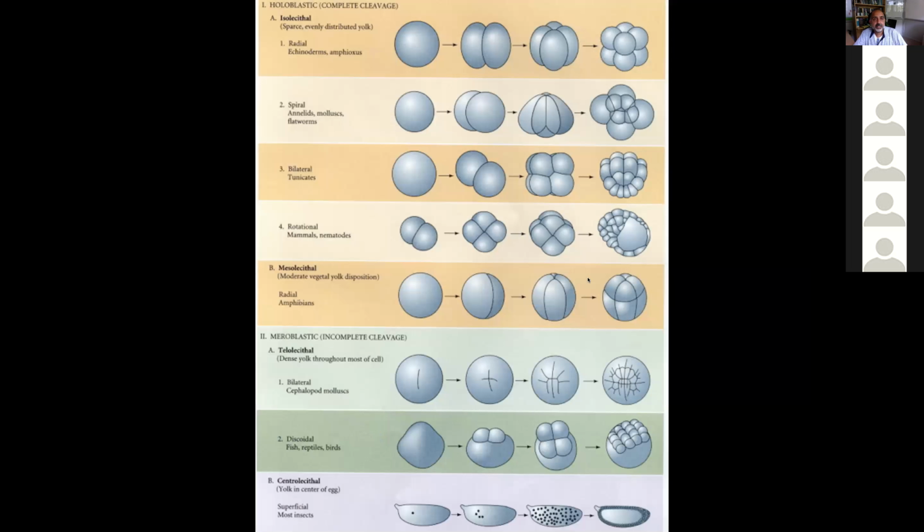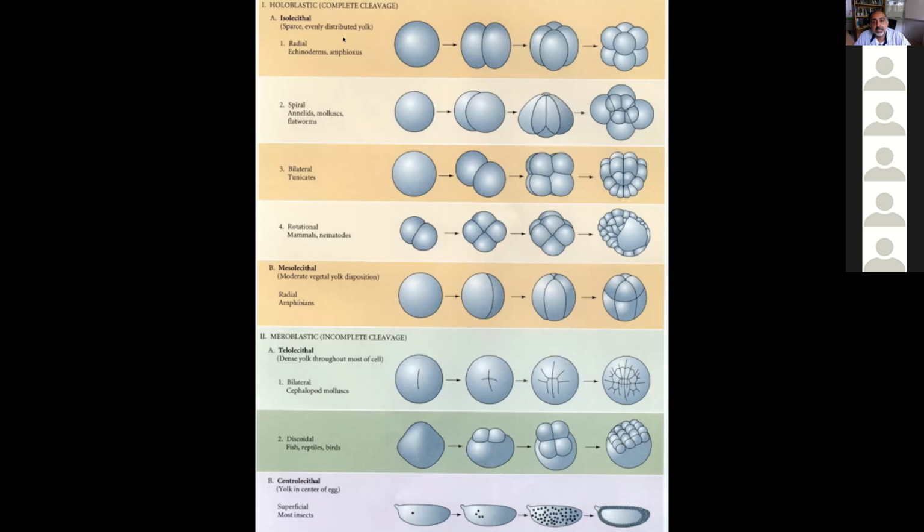So the type of cleavage you get depends very much on yolk. Of course some embryos don't use yolk, and we'll come back to those. But essentially you have two types of cleavage, holoblastic and meroblastic.